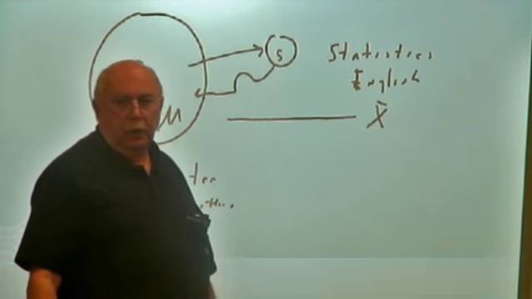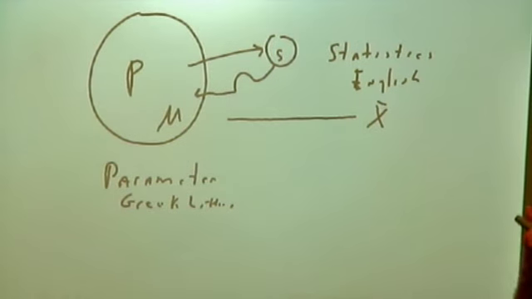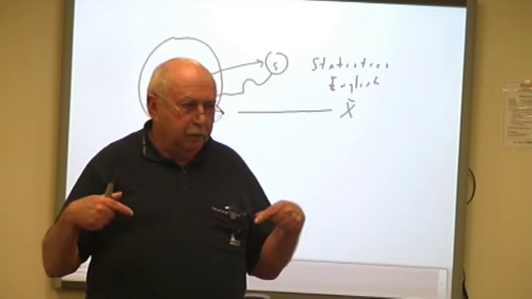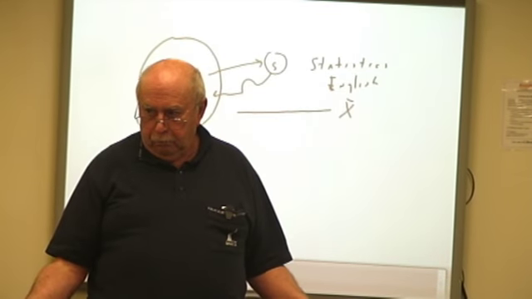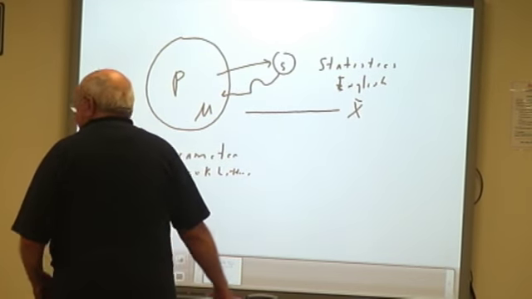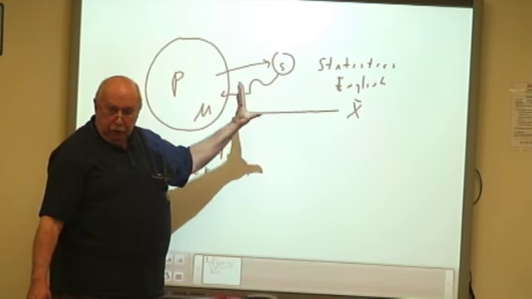What's mu? Mu is the population mean. So we take sample statistics to describe the sample and estimate the population parameter. Okay? Now, make sense? Everybody okay with that?